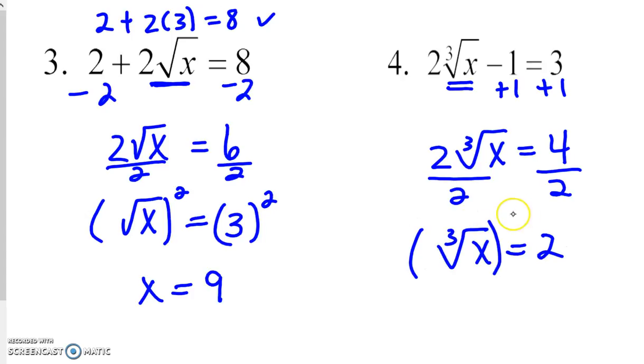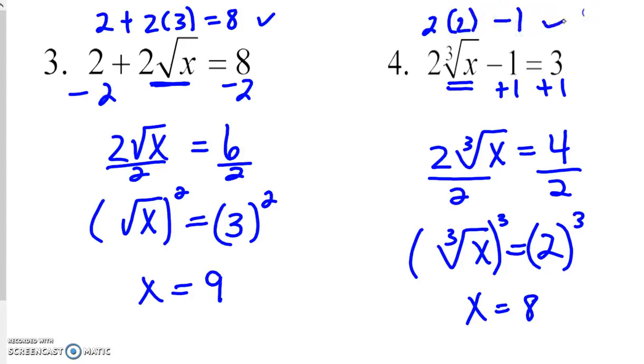And now I can do the opposite operation, which would be to cube it. And x equals, remember, it's 2 times 2 times 2, which is 8. If I go back, 2 times the cube root of 8 is 2, minus 1, 4 minus 1 is 3. I know that's my right answer.